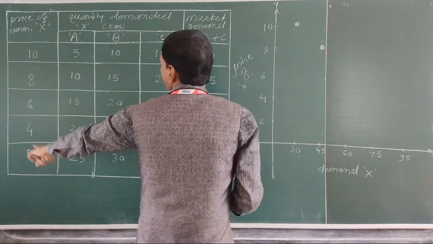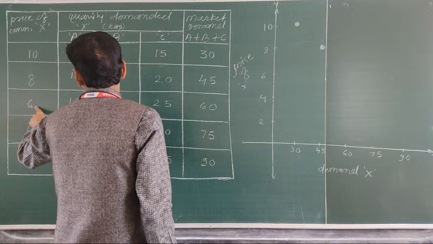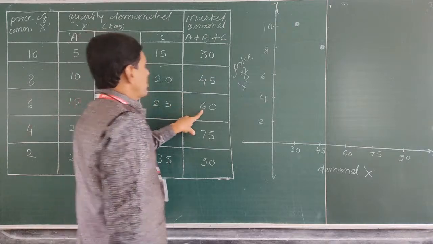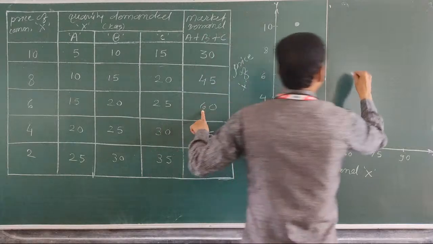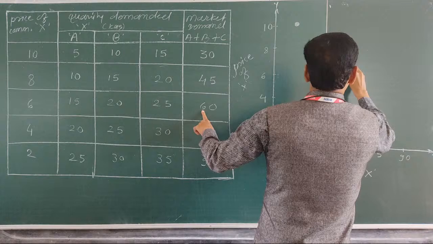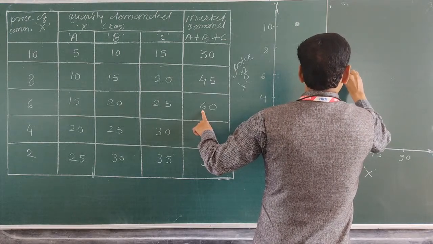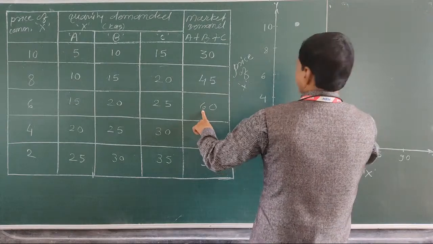Then price of commodity X is 6, market demand is 60.